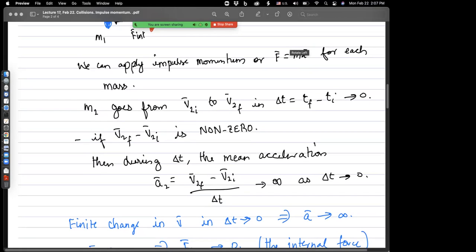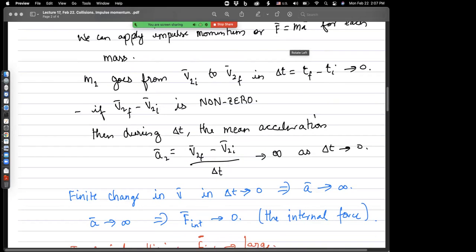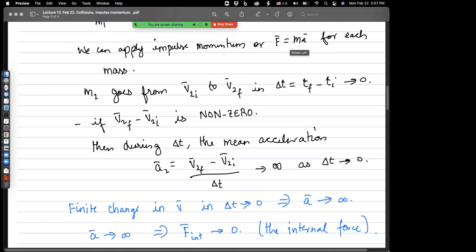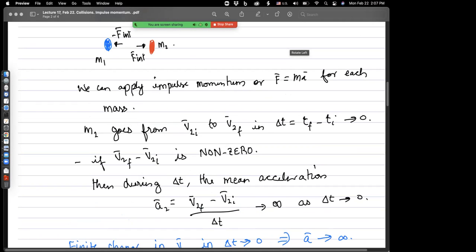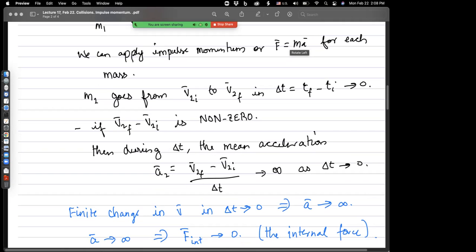If it was just a finite acceleration, then the finite acceleration integrated over a short period of time, or 0 time, will be 0. Okay, so the acceleration is infinity for each object. For M2, we just established this, and M1 basically has an acceleration as well, which is also going to infinity, assuming that delta t goes to 0.